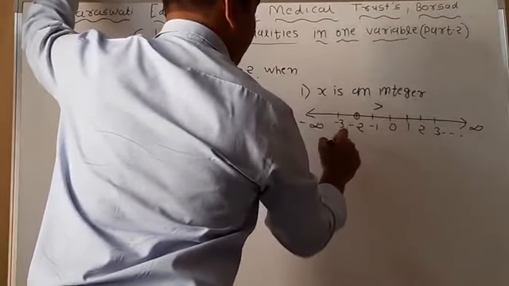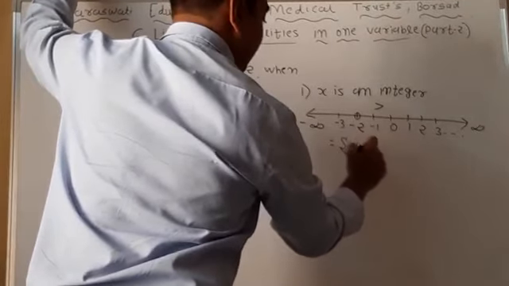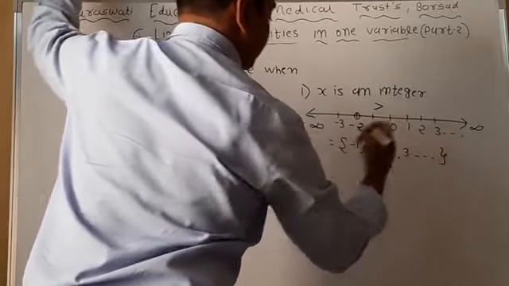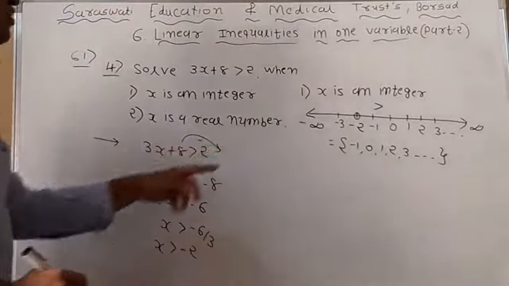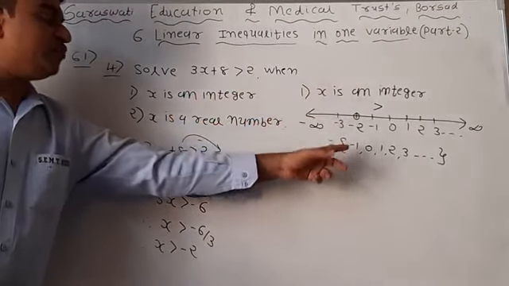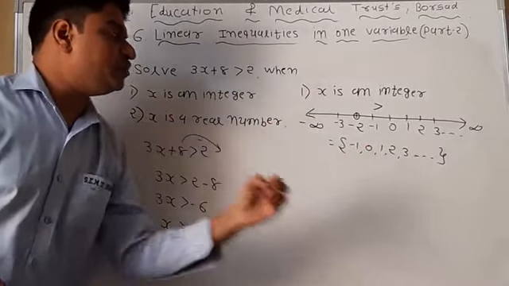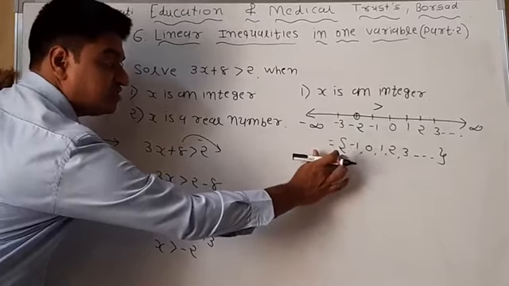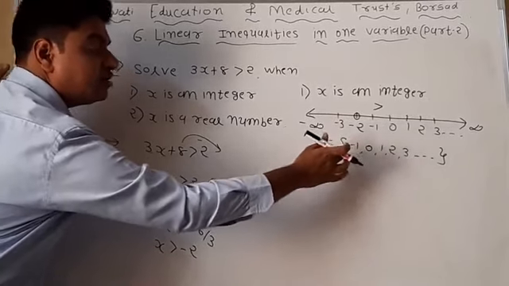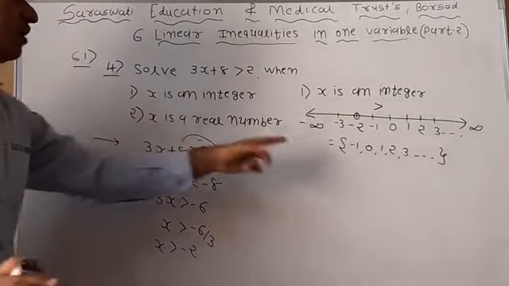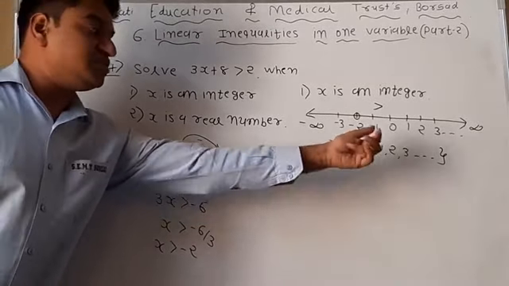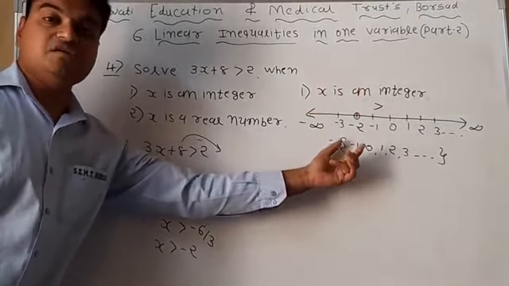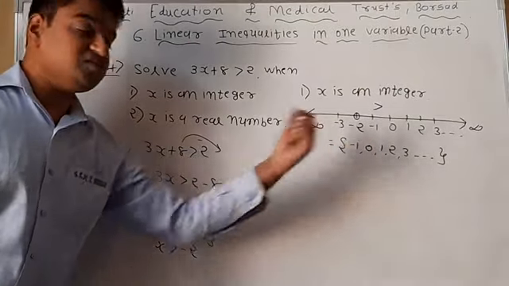So our answer is minus 1, 0, 1, 2, 3 up to infinity. In the case of integers, the answer goes up to infinity, so this answer must be written in set form. We cannot write an open interval, or write the answer without a set. In the case of integers, the answer must be written in this way.